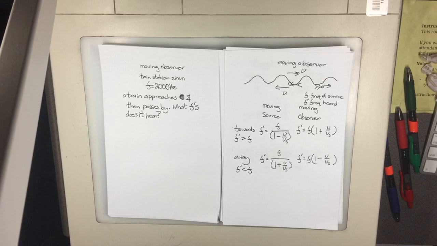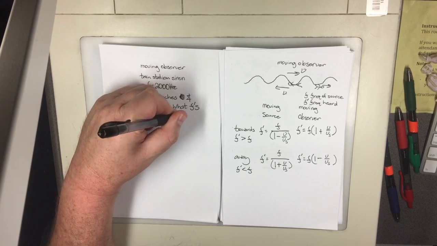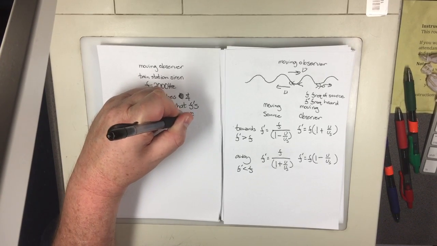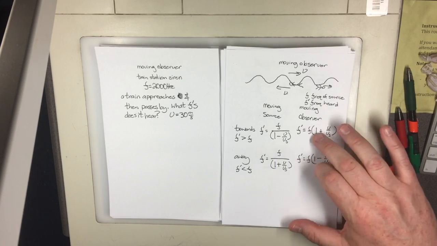So what frequencies does it hear? There's going to be a case where the train approaches the station, it reaches the station, it passes by. So it's also going to hear that Doppler shift. What frequencies does it hear? And the one thing that I need is the velocity of the train is equal to 30 meters per second. It's a moving observer. What frequencies does the train hear? So you're going to have to use those two.